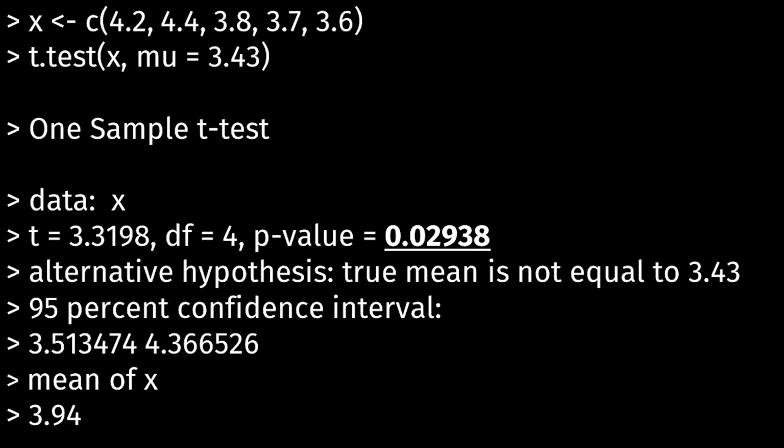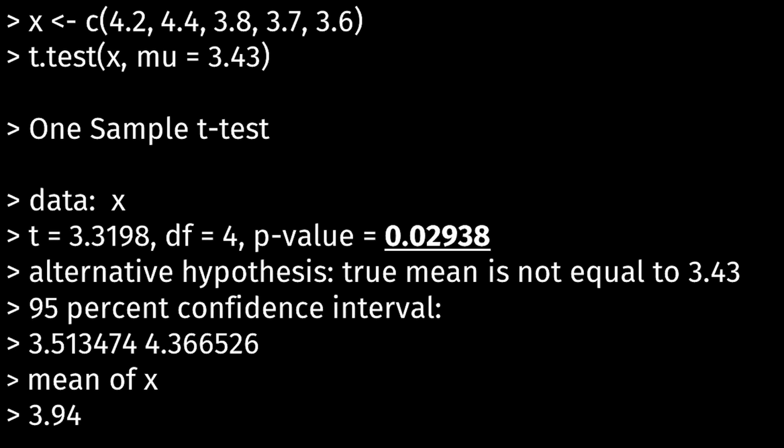In R, we can run the t.test function to verify our results and use that to compute a p-value. And so here we want to make a vector x that has all 5 of our observations. And then in the t.test function, we want to add that vector of observations and our mu, which is 3.43. And we run that.